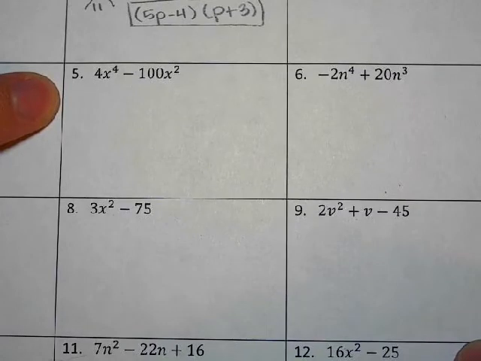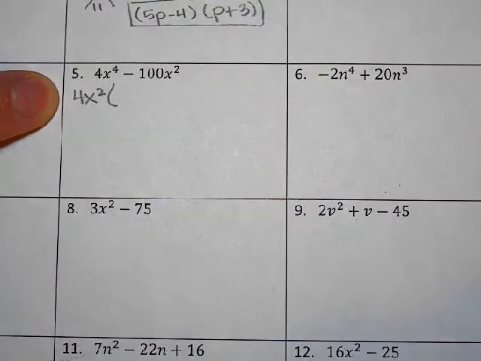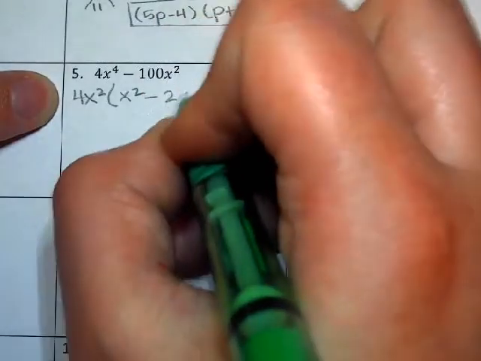What's the GCF? I was able to do GCF pretty easily. Okay. What's the GCF? 4 and x squared. Okay, so we're going to take out a 4x squared. And then when you take out the 4x squared, what's left over? x squared minus 25. Okay.